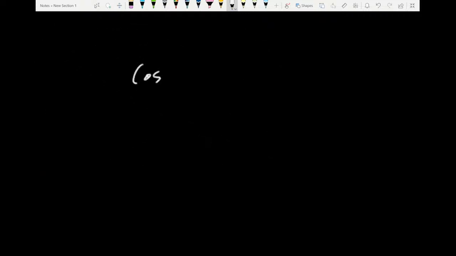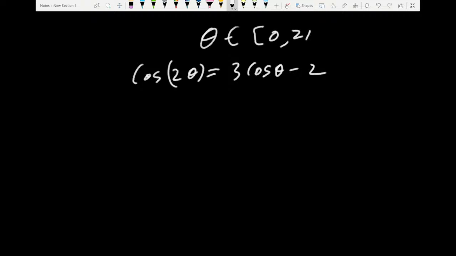So cosine of 2 theta equals 3 cosine of theta minus 2, and theta is between 0 to 2 pi. So let's look at that. I want to convert everything into cosine. So I'm going to use one of the formulas.